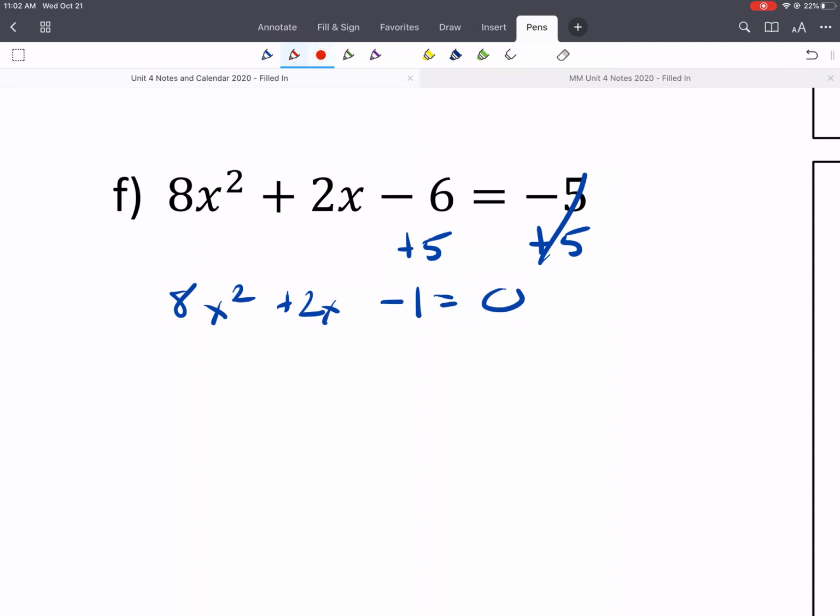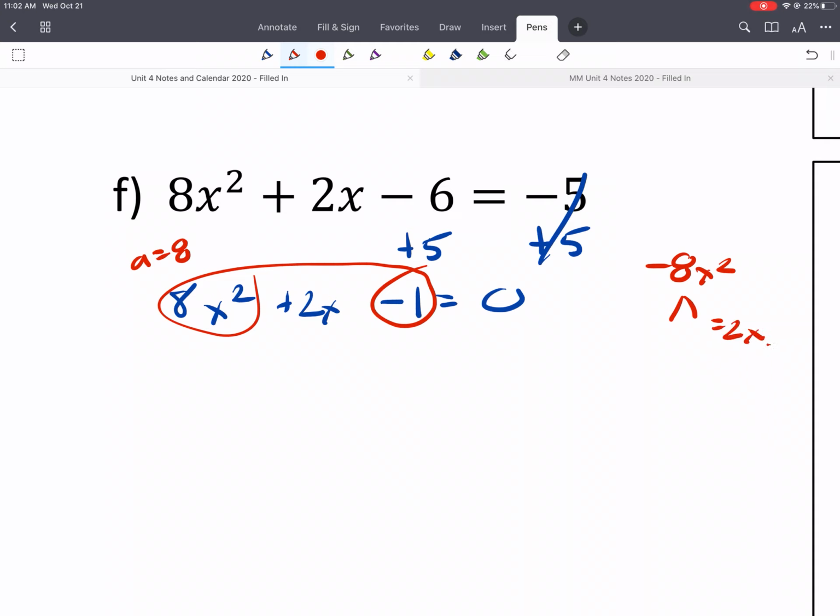Okay, and then we'd need to do, here a is 8, so we can't use the shortcut. Negative 8x squared adds up to give us 2x, so maybe something like 4x minus 2x. Substitute that in. Okay, and then we'll do our grouping.